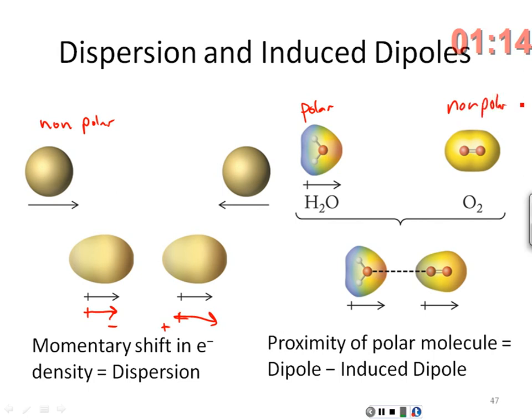So, a water molecule interacting with an oxygen molecule. The dipole from the water can actually influence the electron cloud of the O2 and create a temporary dipole on the oxygen. And that creates an attractive force.